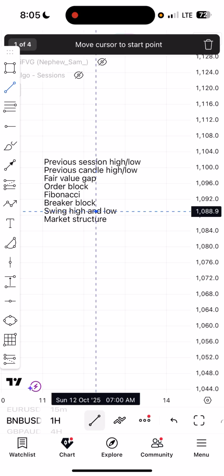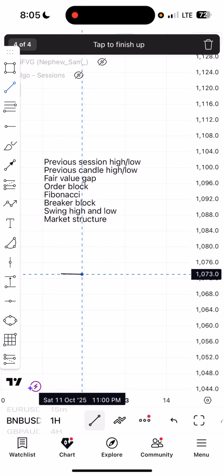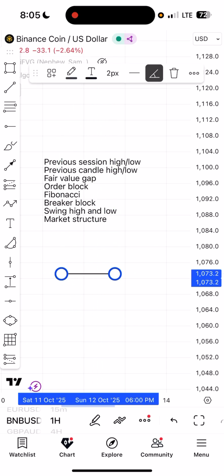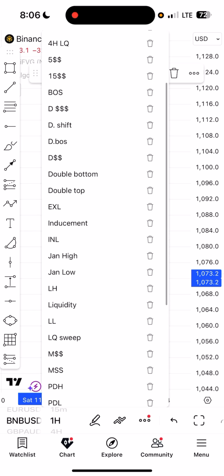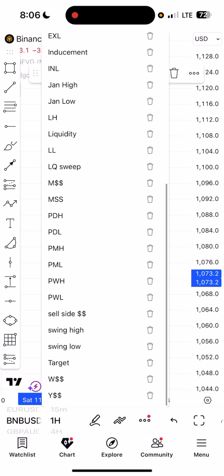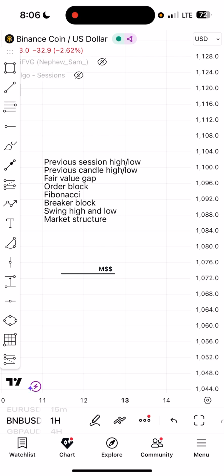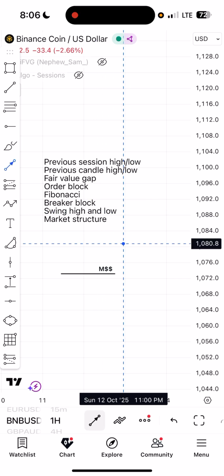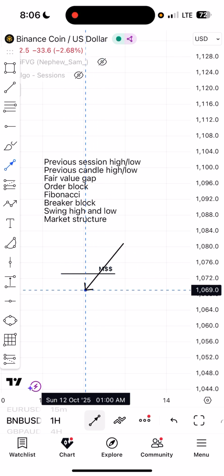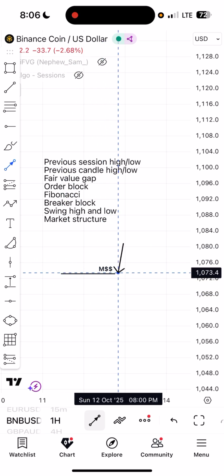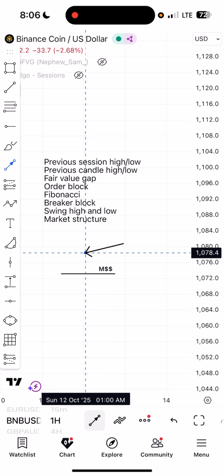Now, for instance, let's take this is my monthly, maybe a monthly swing high right there. Now, what do I want to do? Once I've been able to understand my bias and understand what I'm trying to do, this monthly swing high becomes my area where I want to be looking for price to react from.